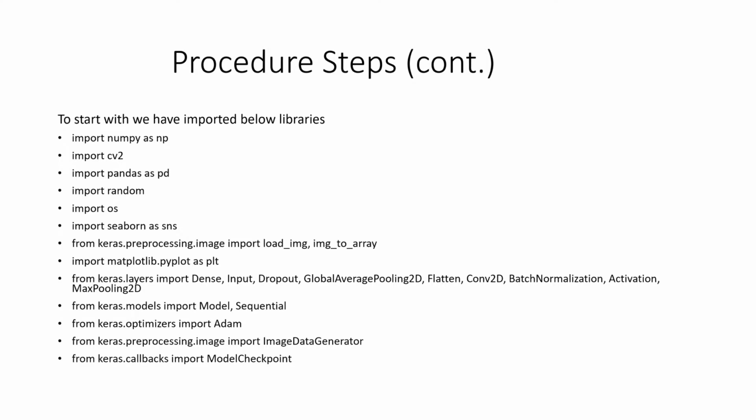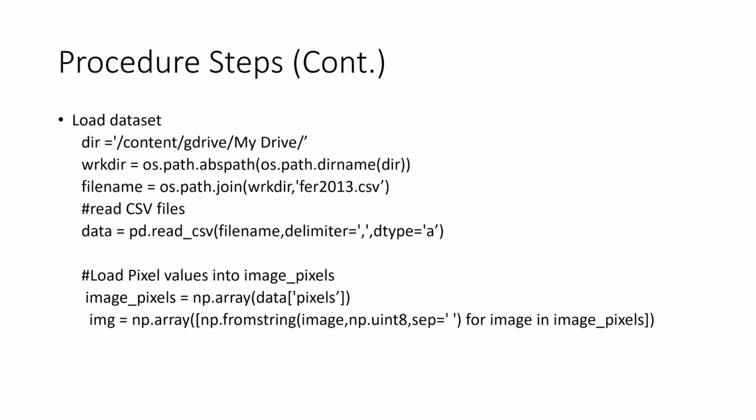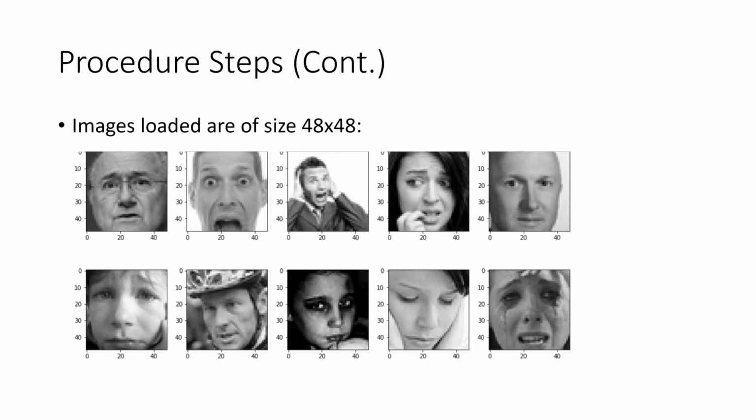And these are the imports, the libraries we have imported, and these are all the required libraries. And this is loading the dataset. We have used pandas to load the data, and these are the images we have just loaded.